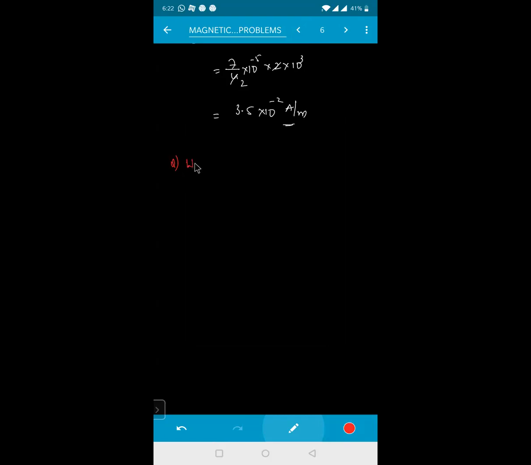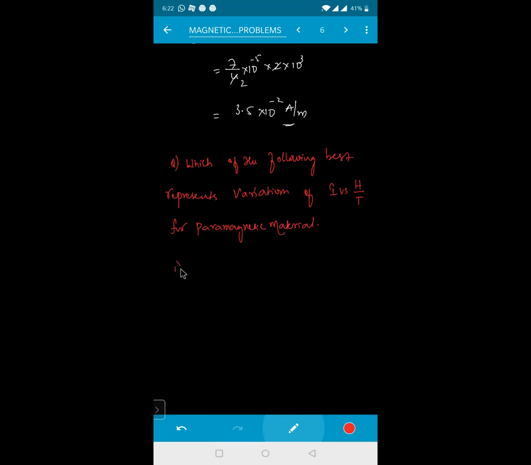Say, for example, which of the following best represents the variation of I versus H by T for paramagnetic materials?